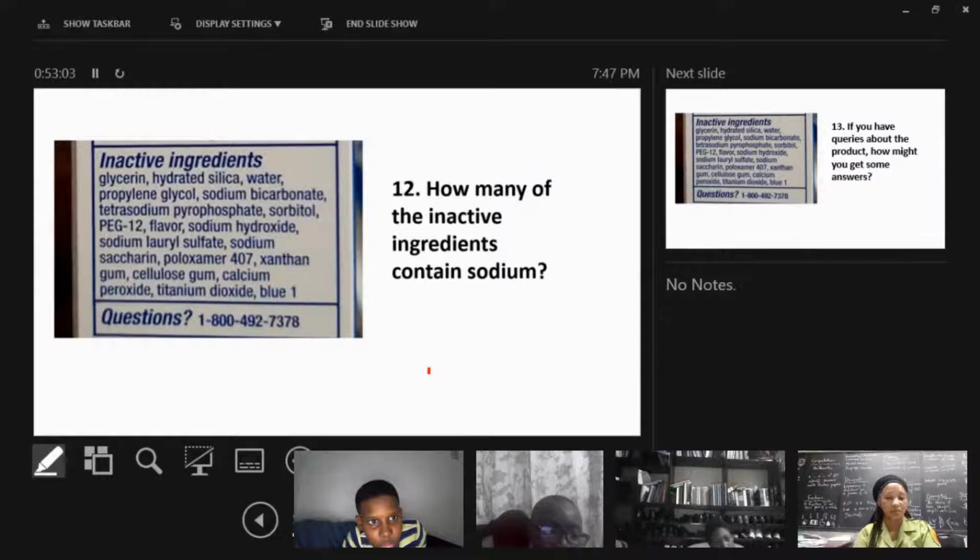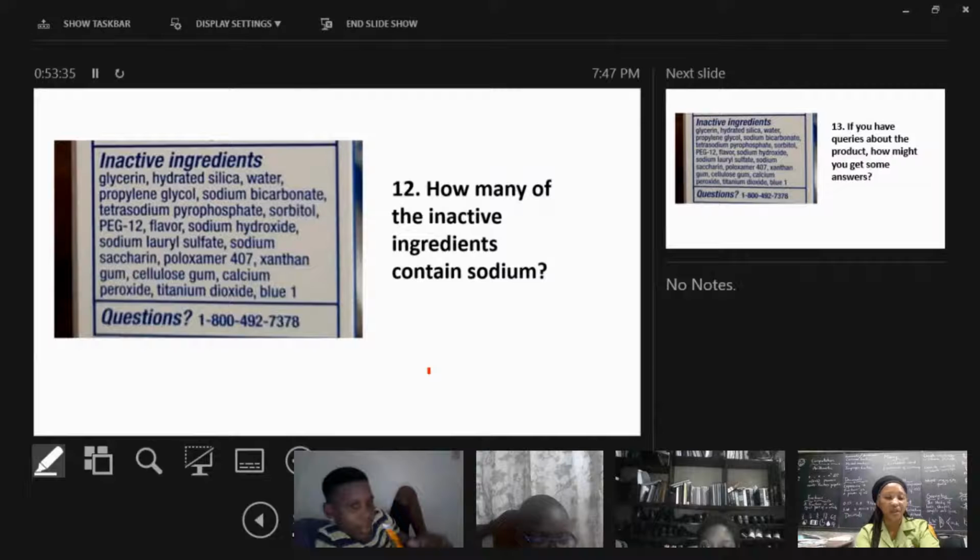Inactive ingredients: glycerin, hydrated silica, water, propylene glycol, sodium bicarbonate, tetrasodium. Miss, I cannot pronounce all those words. All right, let me read these for you and then you read the question.